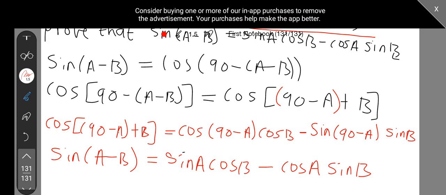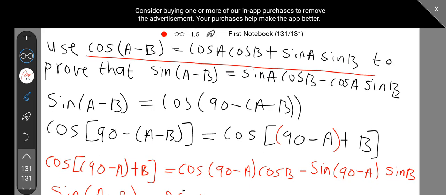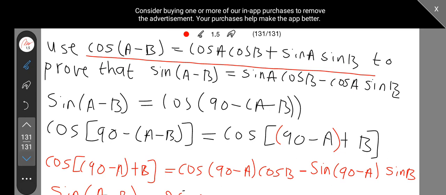We use the original one, which doesn't need to be proved: cos(A − B) is equal to cos A cos B + sin A sin B. We don't prove it, but we must use it to prove the remaining three. So I'm going to write them here.